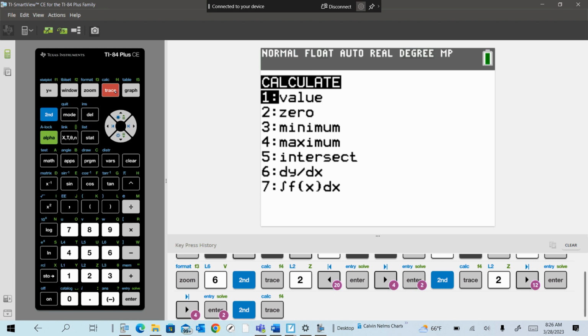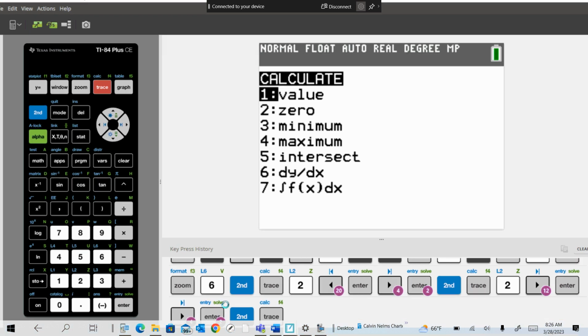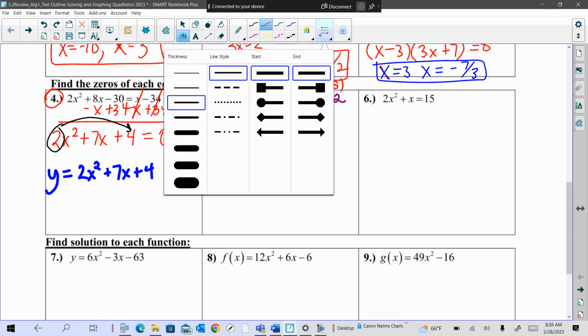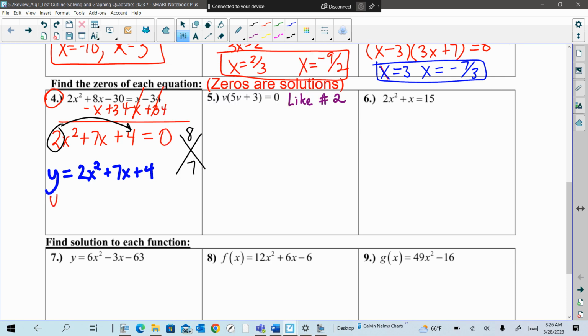Okay. So if you want to just make a little note to yourself that on a problem like this, you'll have to use calculator to find intersection.